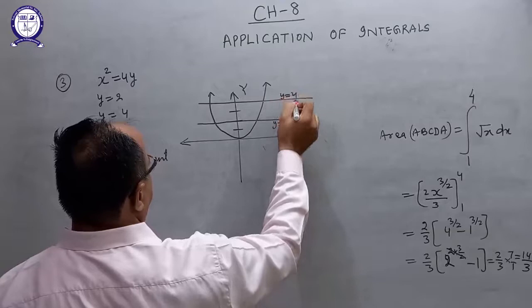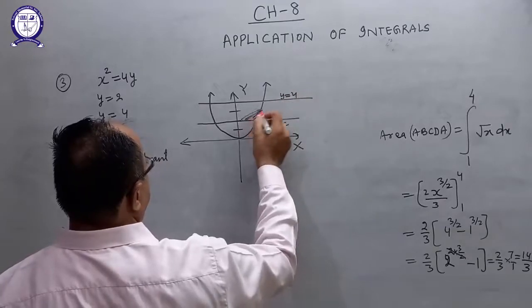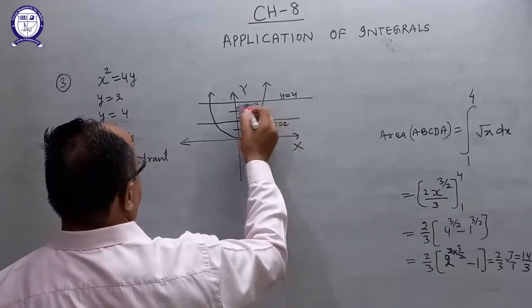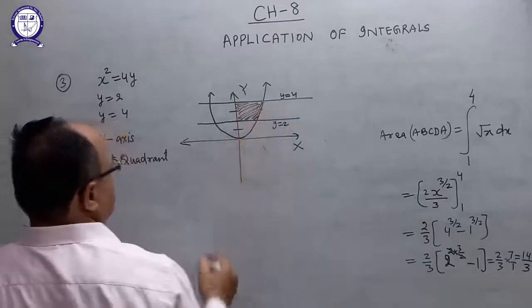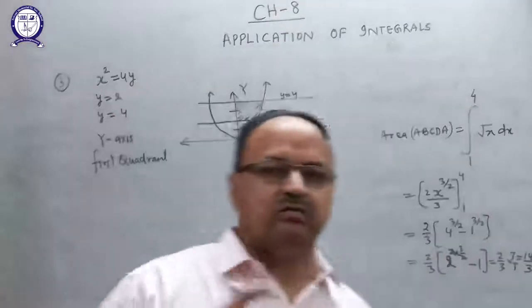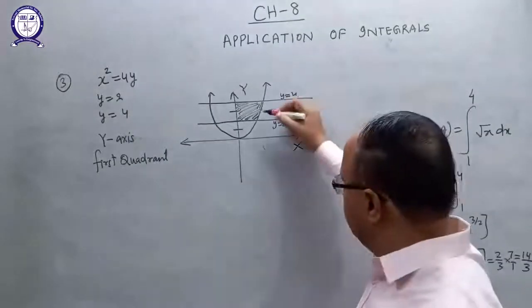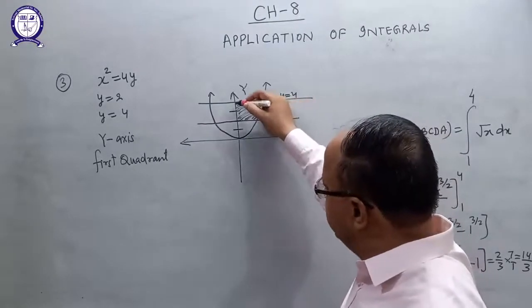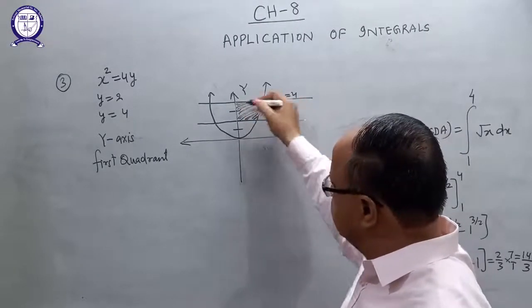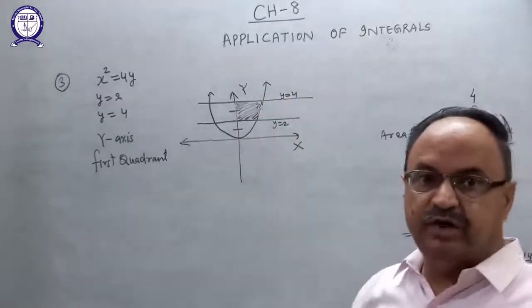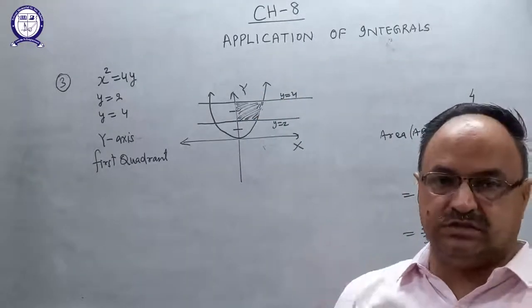The area lies in the first quadrant. Area bounded by the curve, this is the curve and this is the y-axis and these two lines. Area bounded by all four functions.